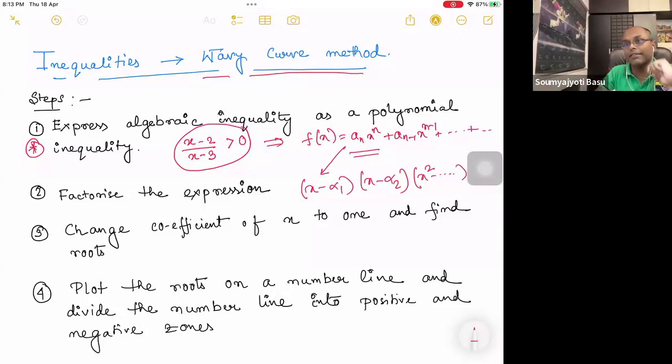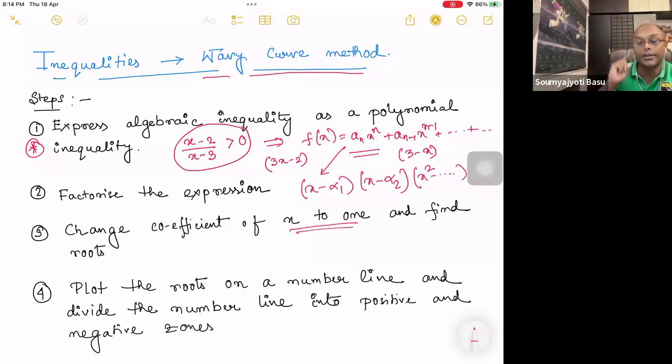Now, once you have factorized, there may be cases where a factor is something like 3x minus 2, or let's say 3 minus x. This can be a factor of the polynomial. The third step is to change the coefficient of x to 1.